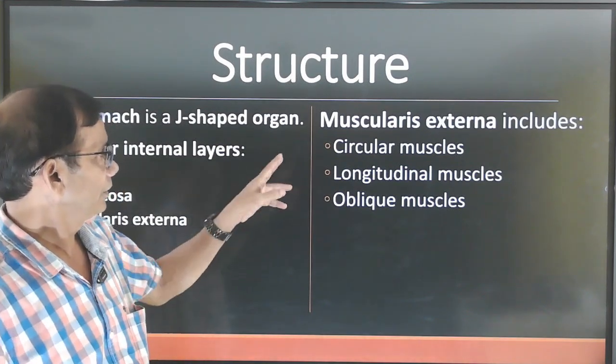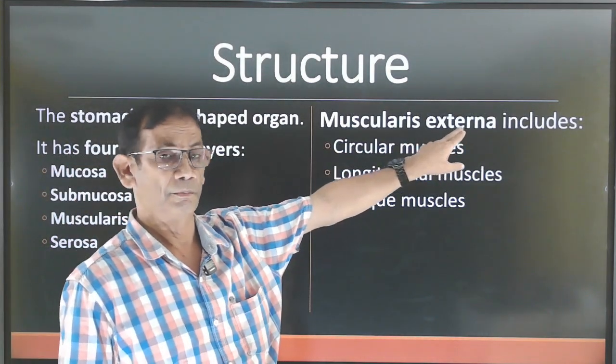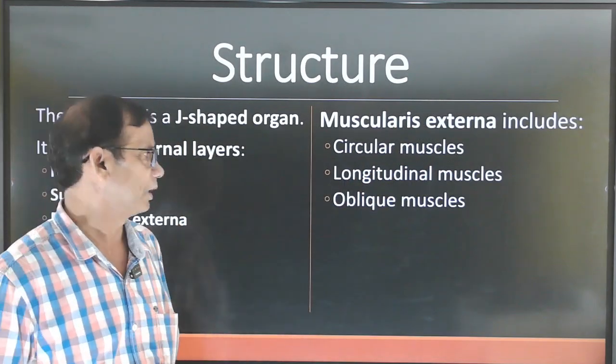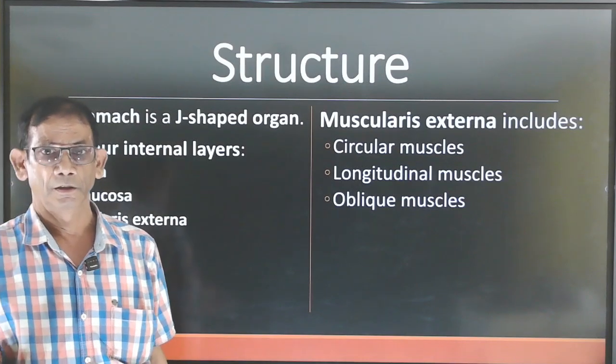In the muscularis externa, there are 3 types of muscle: circular muscle, longitudinal muscle and oblique muscle.